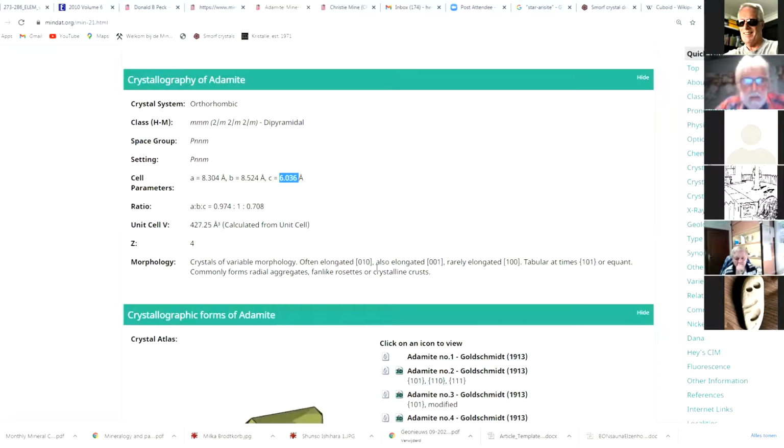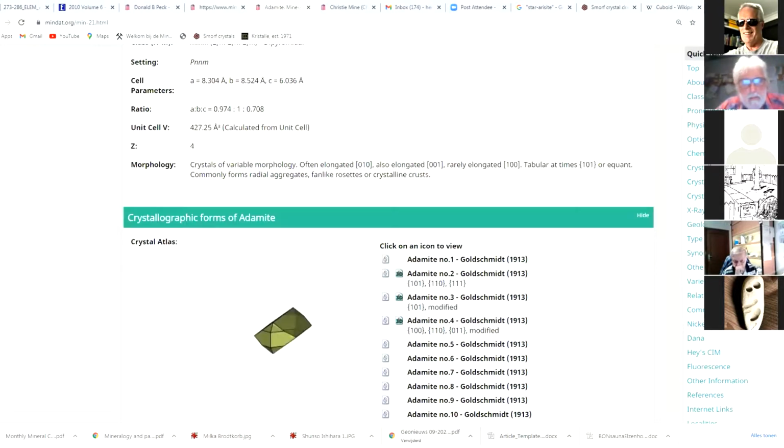So this stands for elongated along or parallel to the B axis. 0 means parallel. The first 0 means parallel to A. The 1 means it cuts off the B axis, and the third digit being 0 means it's parallel to the C axis as well. So elongated along 0, 1, 0 means that it's elongated along the B axis.